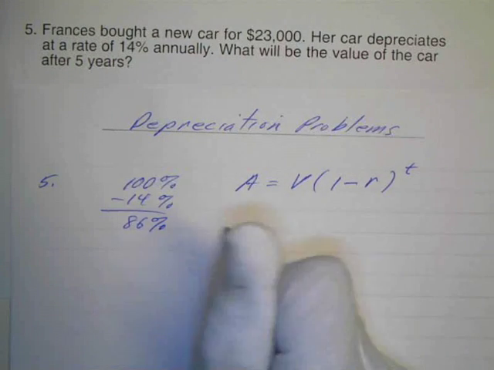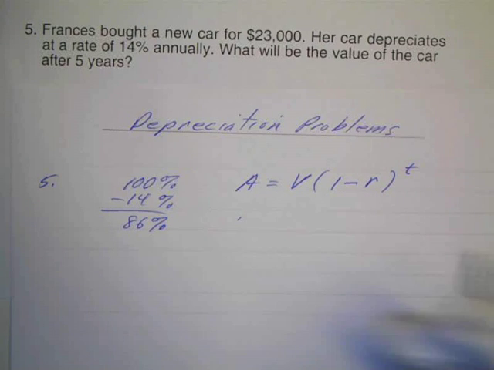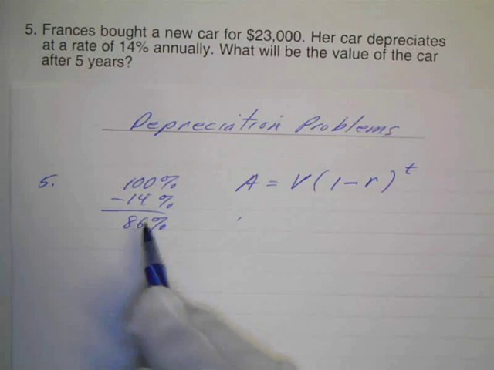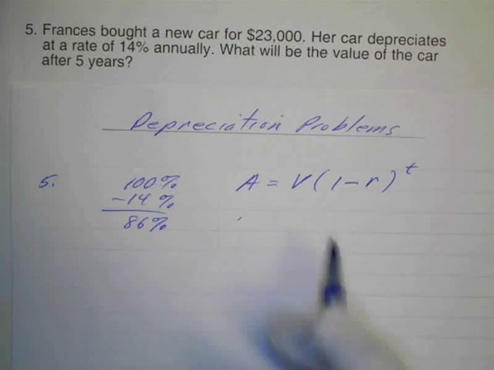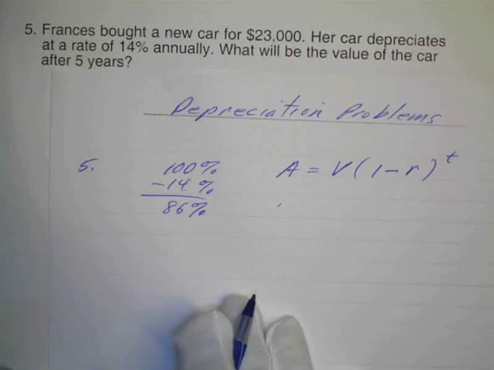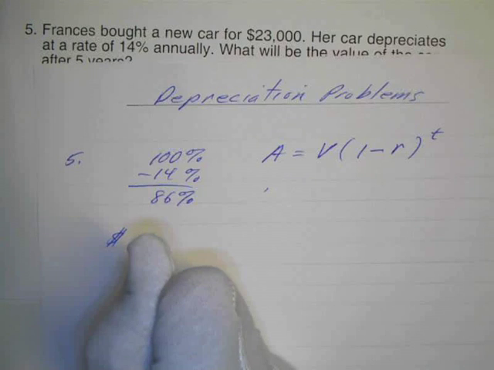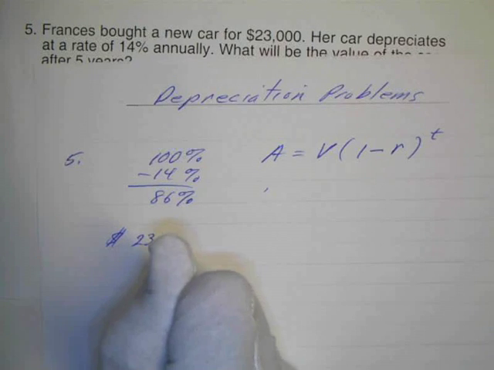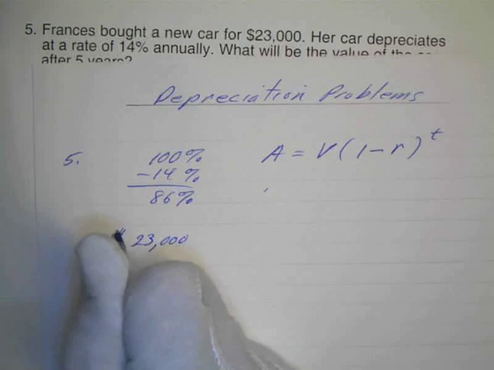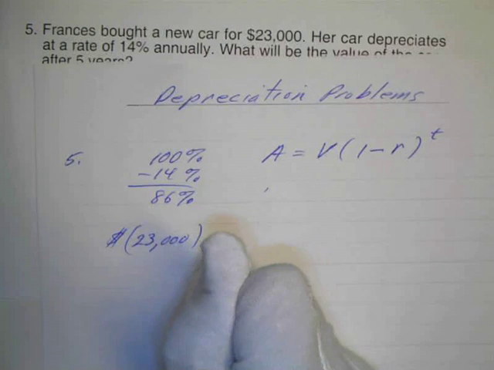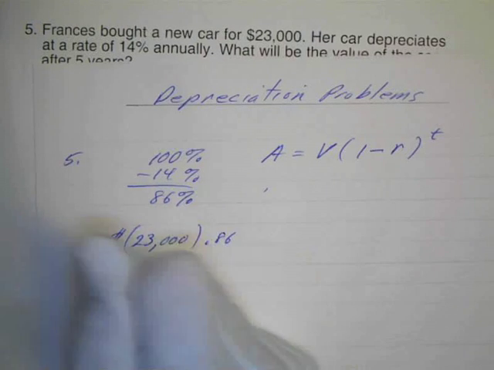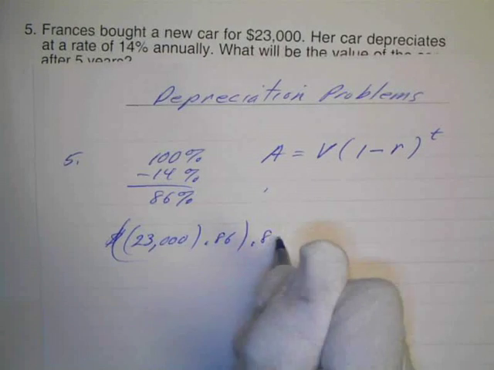So in this case, because every year we're going to be multiplying that by 86%. So if we work it out like this, we start out with $23,000, and then we multiply that by 0.86, then we multiply that again by 0.86.